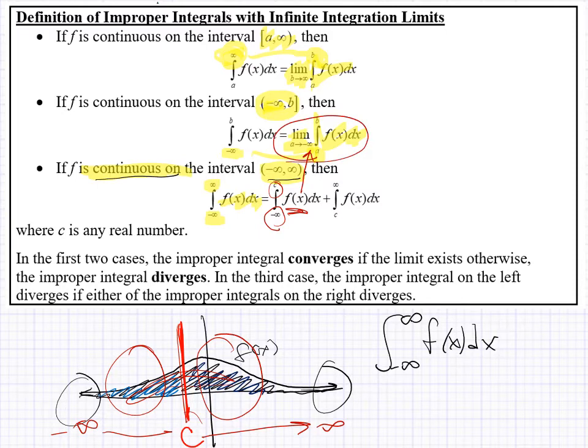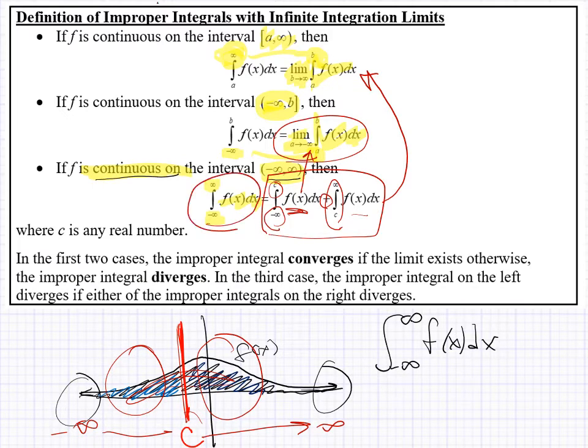And then I can add that to the integral from C to infinity of f of x dx, in which case that would be evaluated using this method, with the upper limit being infinite. And then, once I evaluate both of those, I could figure out what the entire integral would work towards.